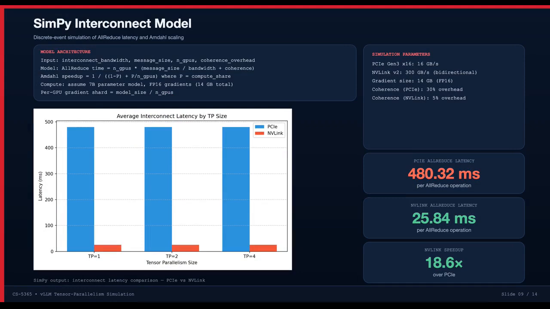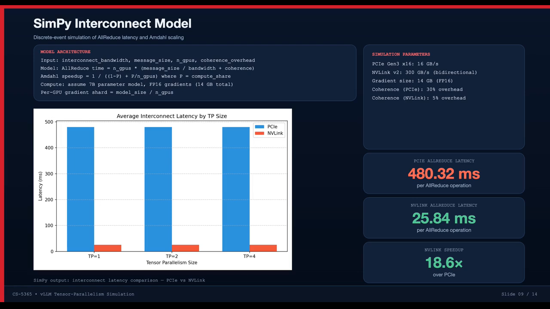So here are the results of the SimPy interconnect model, or the interconnect bottleneck demonstration. The model architecture shown on this slide defines the inputs as interconnect bandwidth, message size, number of GPUs, and coherence overhead. The AllReduce time equals the number of GPUs multiplied by the sum of message size divided by bandwidth plus coherence overhead.